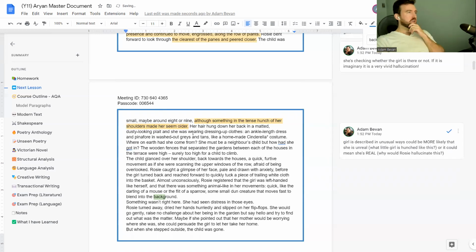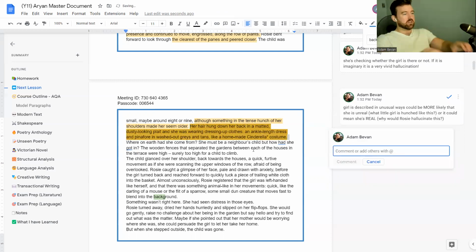Her hair hung down her back in a matted, dusty-looking plait, and she was wearing dressing up shoes, an ankle-length dress, and a pinafore in washed-out greys and tans, like a homemade Cinderella costume. So this whole bit is vivid description, which again makes it, I think, less likely that it's fake.